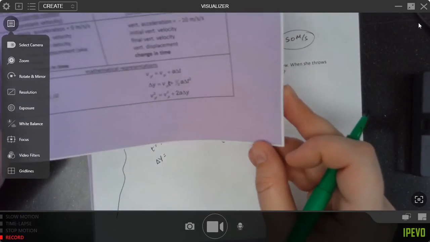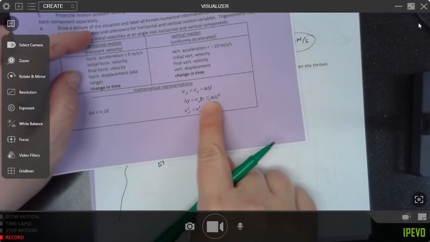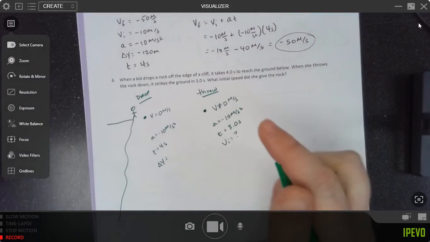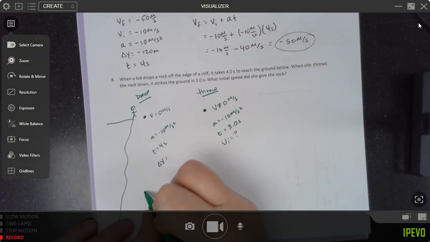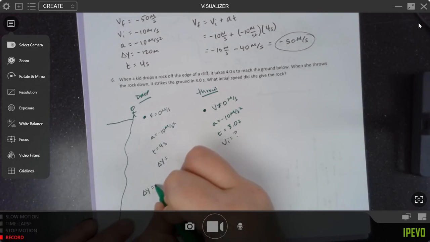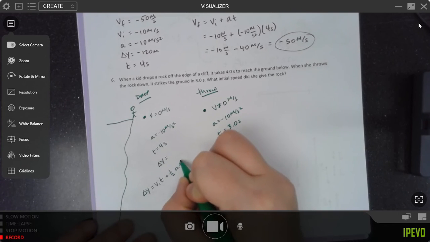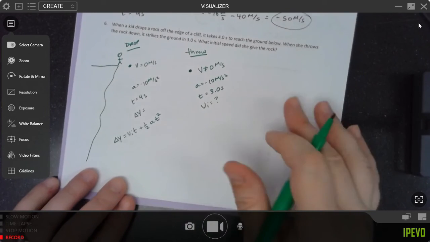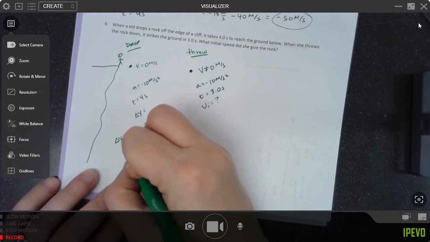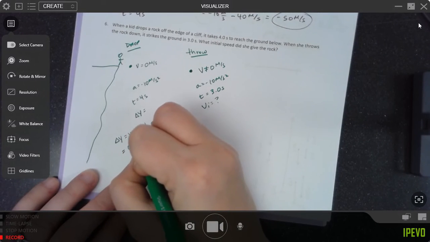With acceleration, time, and initial velocity, we could use this middle equation to solve for that. So we can say that our displacement, our distance that the rock falls, is equal to the initial velocity times time plus 1/2 times the acceleration times time squared. So we've got an initial velocity of 0 meters per second times our 4 seconds.